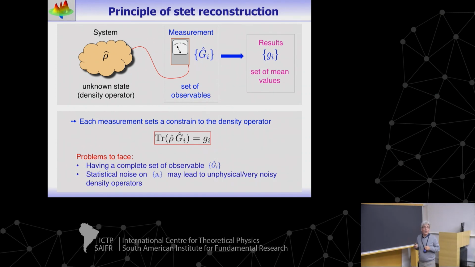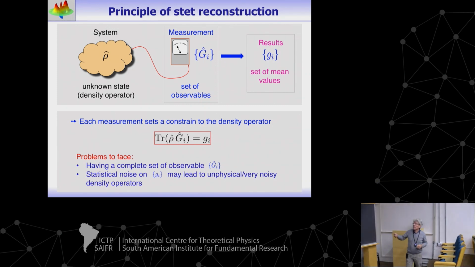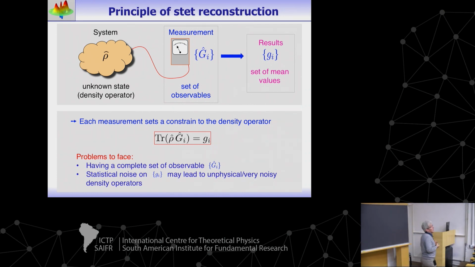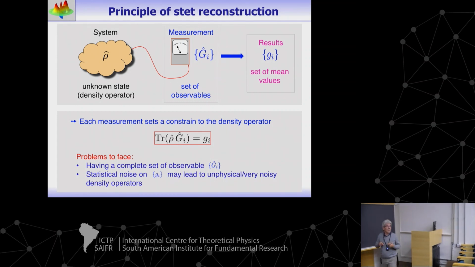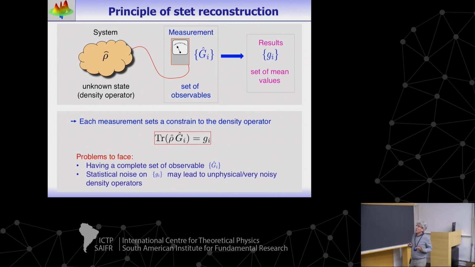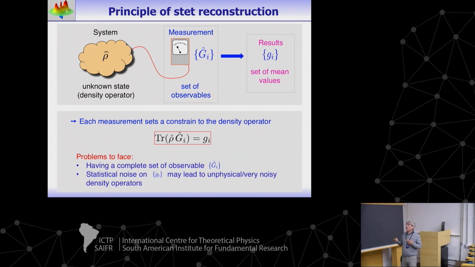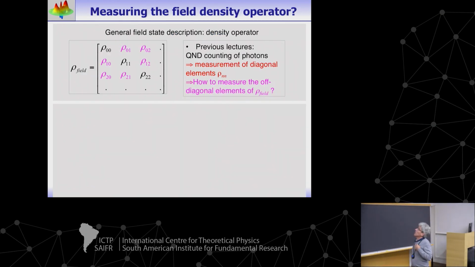If you have statistical noise, and in measurement results you always have statistical noise, the mathematical inversion of this set of equations can lead to an unphysical density operator with negative values on the diagonal that you don't like. So you would prefer a method which, by construction, gives you physical density operators. Also, if you have too many measurements, again due to statistical noise, your matrix may be non-invertible. You have too many constraints which are incompatible between them.